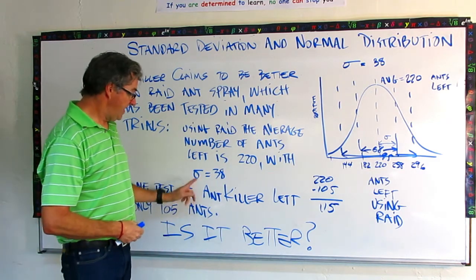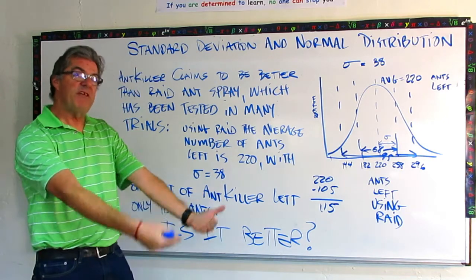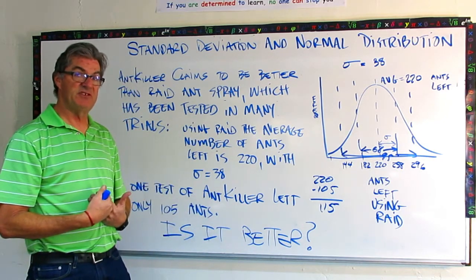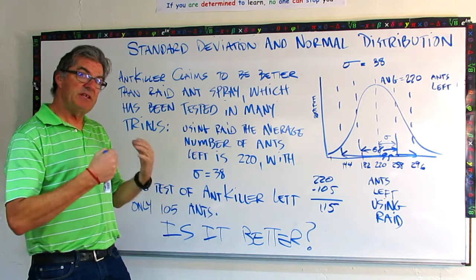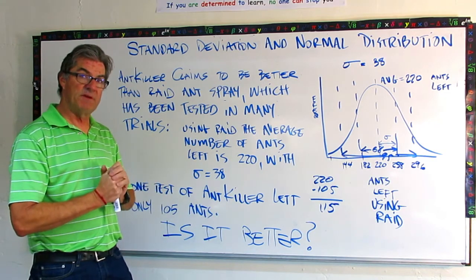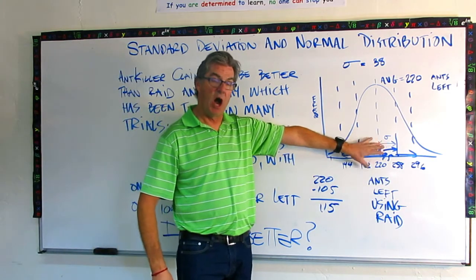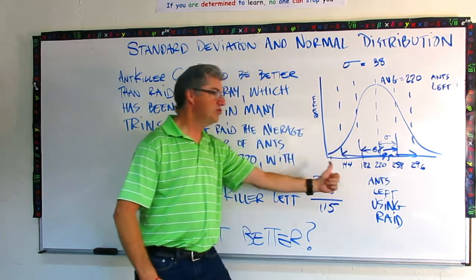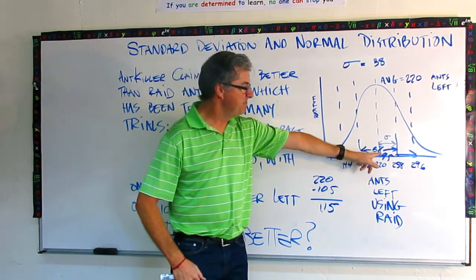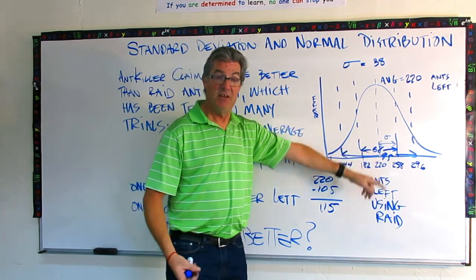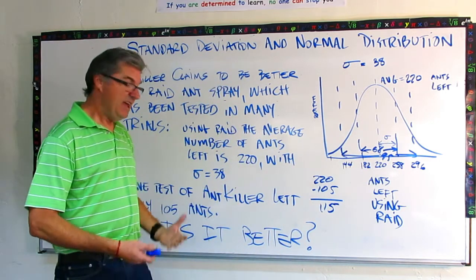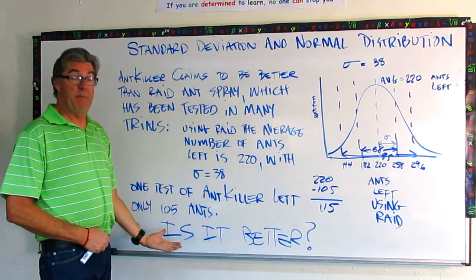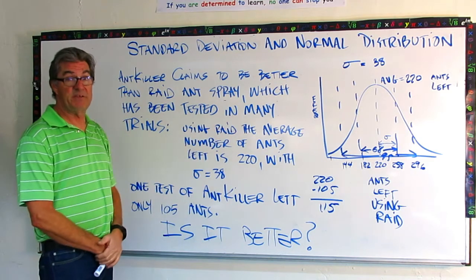Now, with ant killer here, we are more than 3 standard deviations away. So you can't explain ant killer's performance as a variation on this performance. We're just too far away from the mean for this data. So what this tells us is that ant killer is very likely better than this product, than Raid.